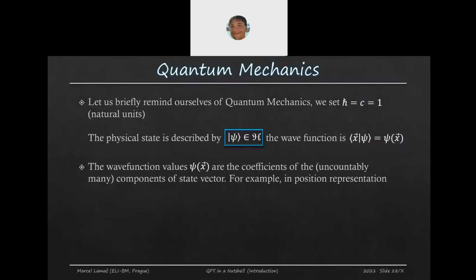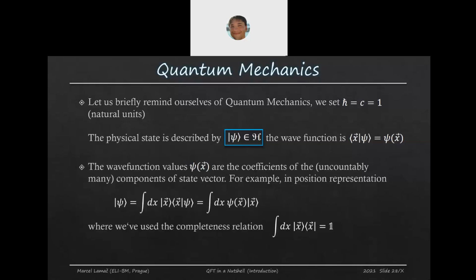And in another way, we could interpret these wave functions to be the values or the coefficients of the uncountably many components of the expansion of the state vector in position representation.